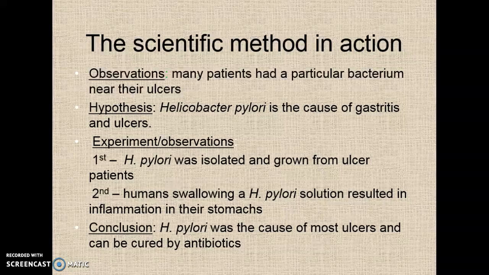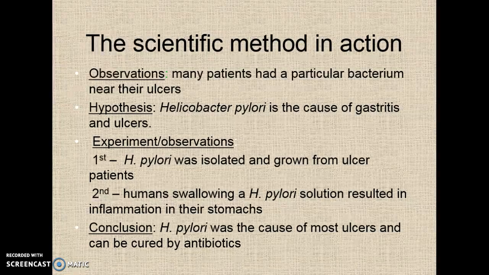These observations began to be made once doctors and scientists really started to think about the cause of ulcers, getting beyond the psychological component. What these observations were: many patients actually had a particular bacterium near their ulcers.